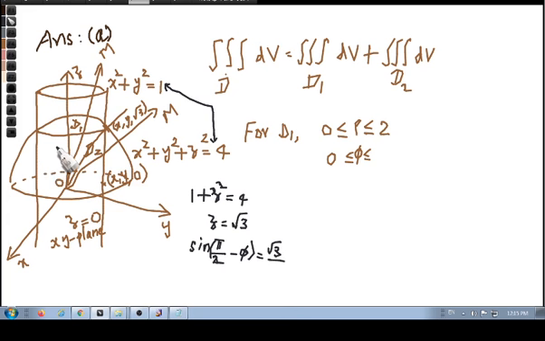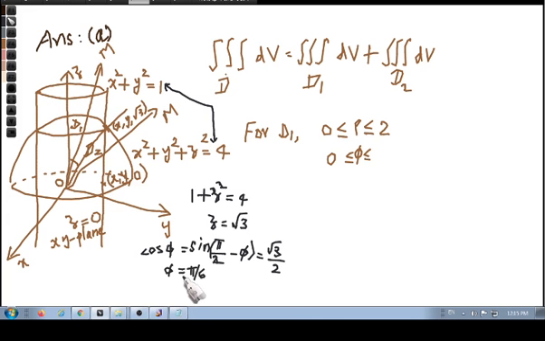Hypotenuse is this, so it is 2 because the sphere is of radius 2, so root 3 by 2, but this is cos phi, left side, so cos phi equal to root 3 by 2 means phi equal to pi by 6.